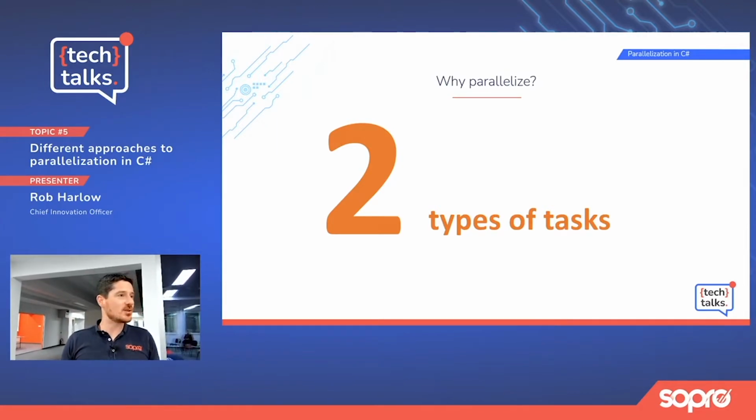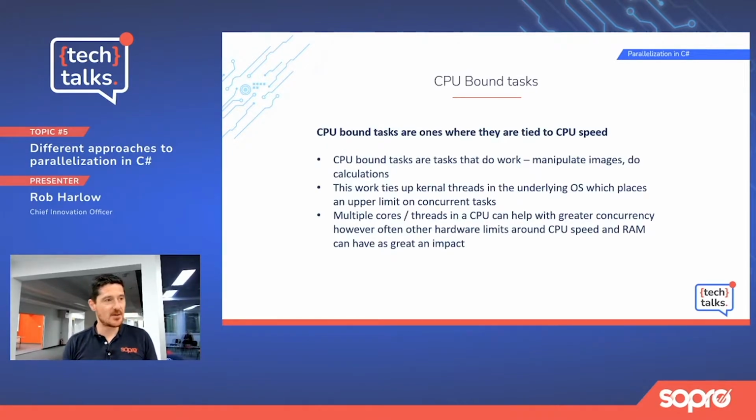Most introductions to multi-threading and parallelization will split tasks into two different kinds. First up, CPU-bound tasks. These are ones where the task itself is tied to the CPU speed and the power of the underlying hardware. They could be doing calculations, they could be resizing images, but typically they take up a thread in the underlying operating system.